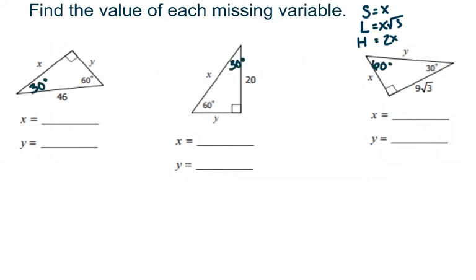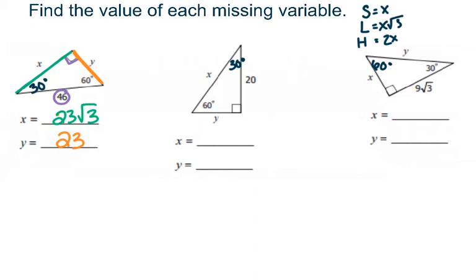Okay, so it gives us the hypotenuse. We know that because it's across from the right angle. So my hypotenuse is twice as long as my short side, which means my short side, which is this right here, has to be 23. My longer side is my short side times the square root of 3, so that's how you would get those 2 values.